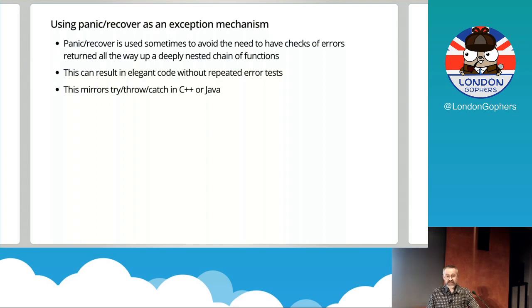If you've got a deeply nested tree of function calls, it can be a bit ugly to have that pattern all the way through, and that's the sort of thing people were trying to do with the try mechanism they were going to put in, I think it was, wasn't it? And so you can end up with slightly more elegant code by doing it, and it mirrors the way that C++ and Java do things.